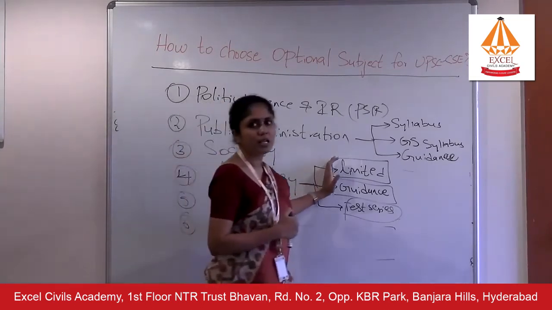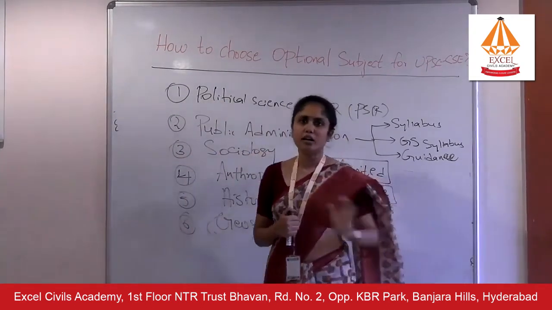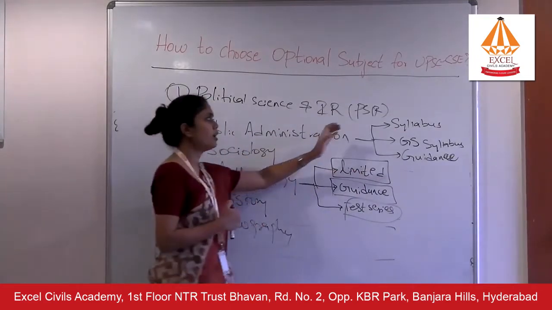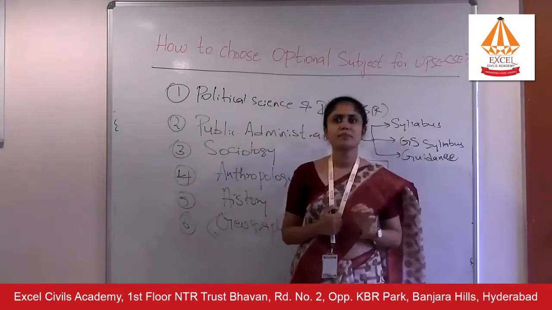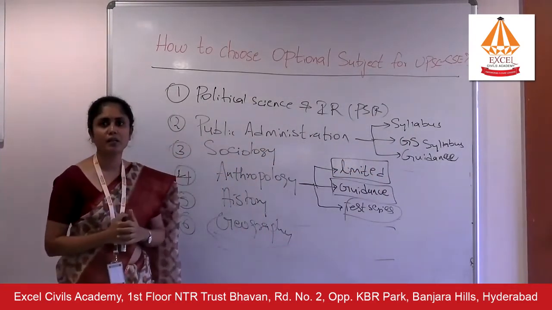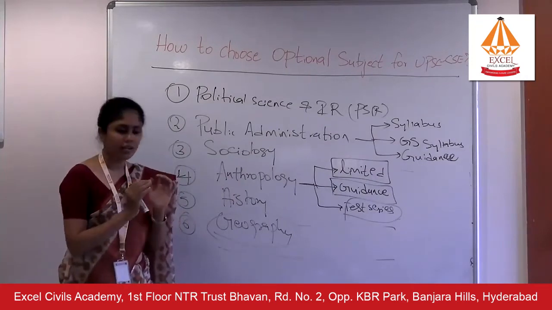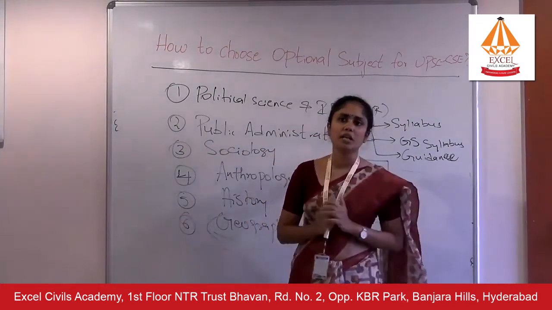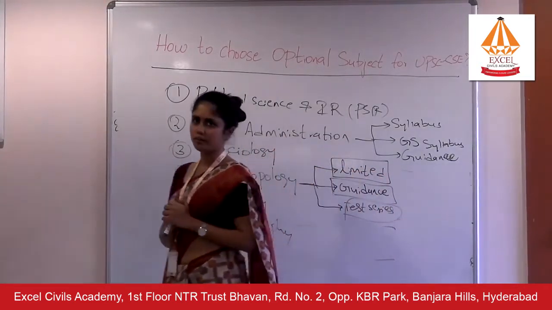If you have a limited syllabus, you might not have good material or a good test series available in the market. If you have a bit more syllabus, there is overlap with general studies and good guidance available. So there will be a trade-off, and eventually it boils down to whether you are interested in that particular optional subject or not.